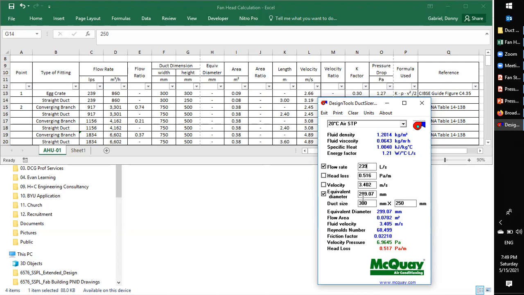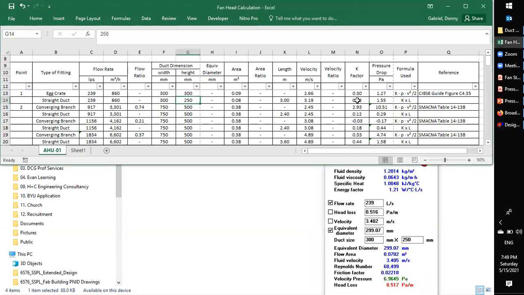Head loss for this size and this flow rate is 0.516. So we will write there 0.516. That's how we get the pressure drop on the straight duct.